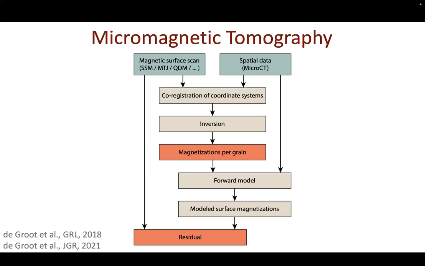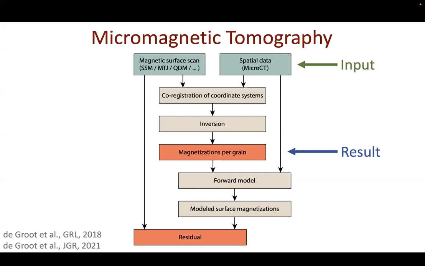You measure one thing, you measure another, you put them on top of each other, and then all of a sudden, one micron in one machine is something completely different than the same micron in a different machine. So you have to scale and you have to tweak to get those two data sets to fit. Then we do the inversion, and then we get the magnetizations per grain. So this is the input, and that would be the result of a magnetic tomography experiment.